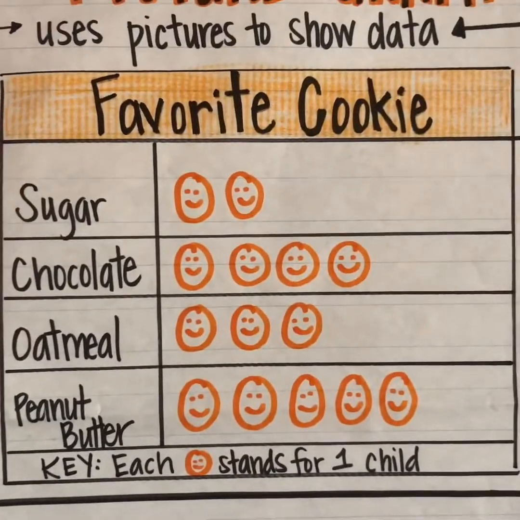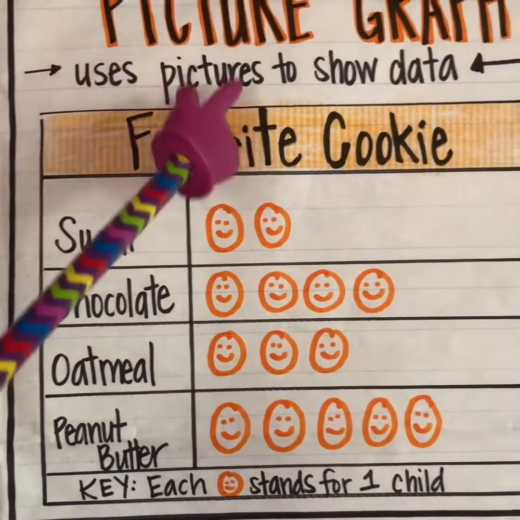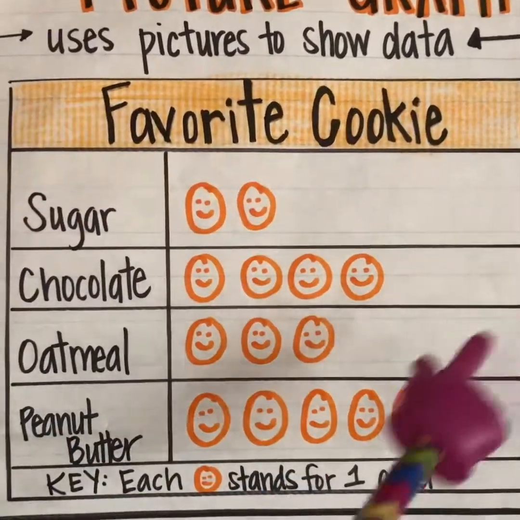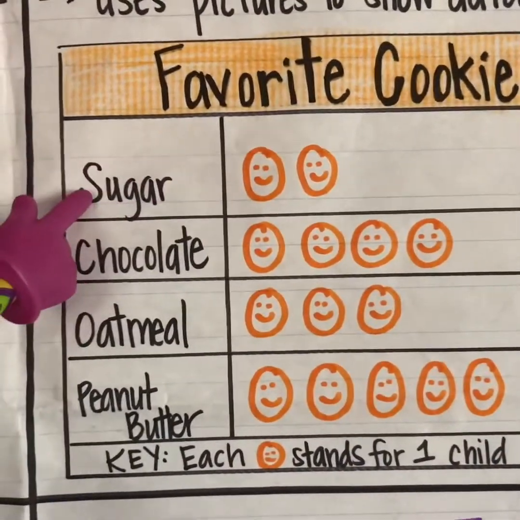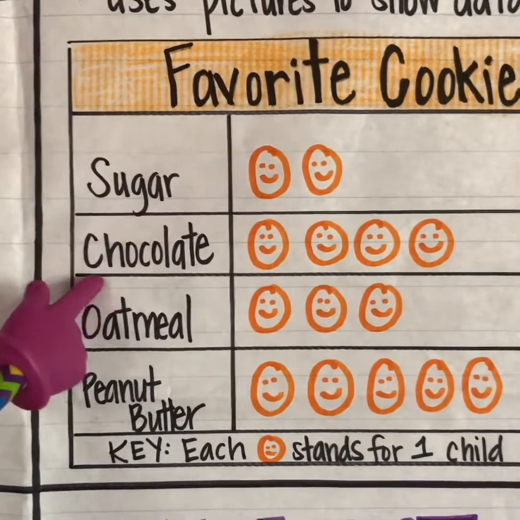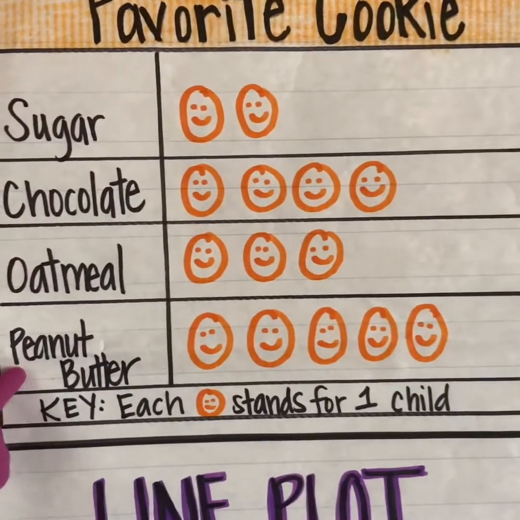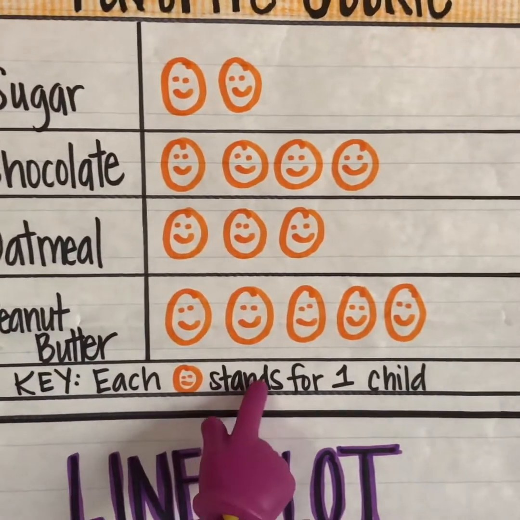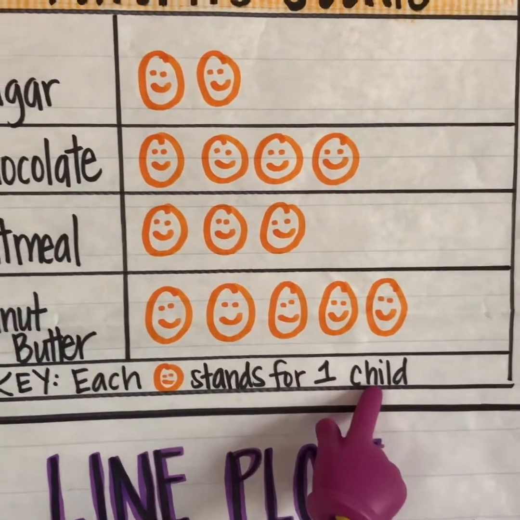Next, we have a picture graph. A picture graph uses pictures to show data. This poll asked people what their favorite cookie was, and these were the categories: sugar, chocolate, oatmeal, or peanut butter. And it tells you down here that each smiley face stands for one child.